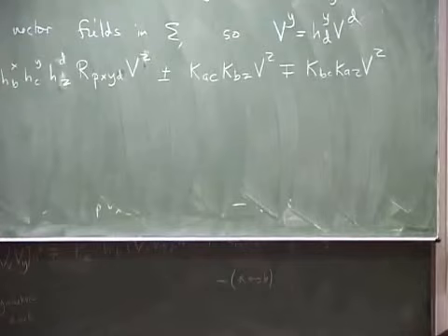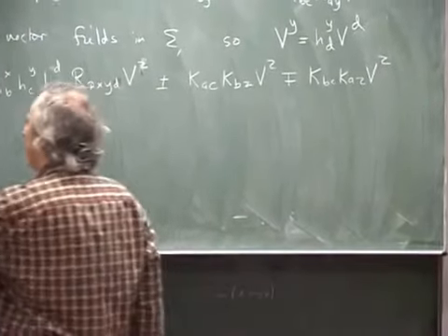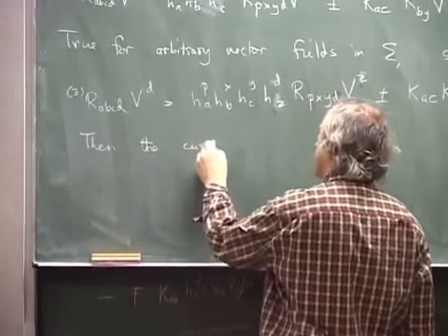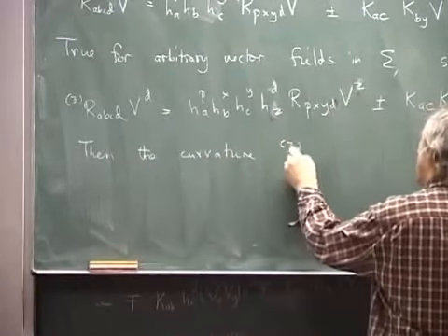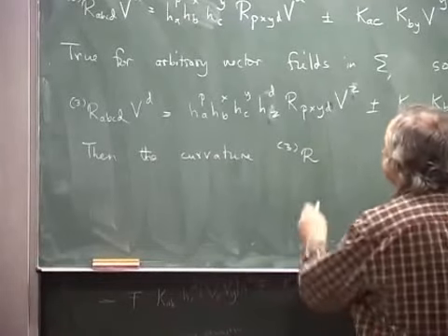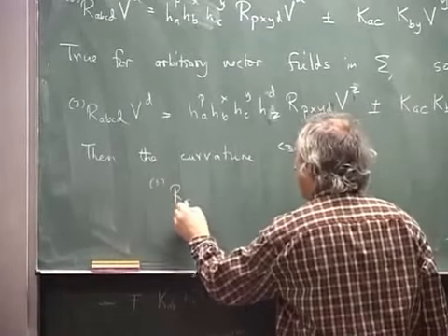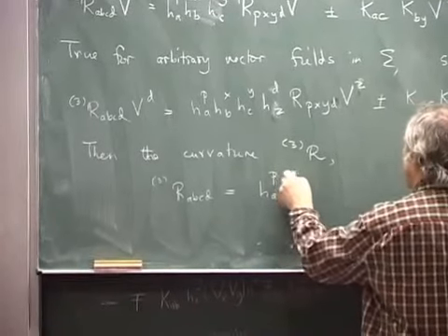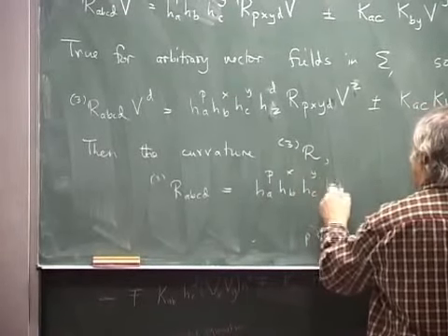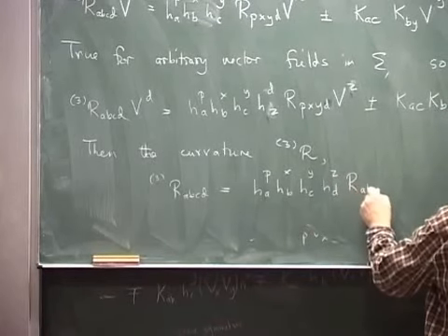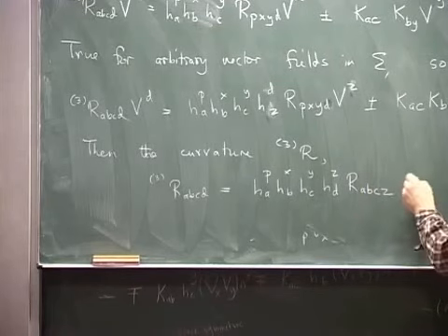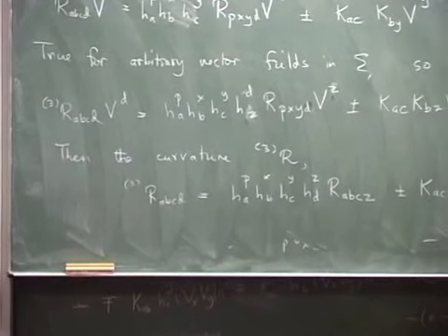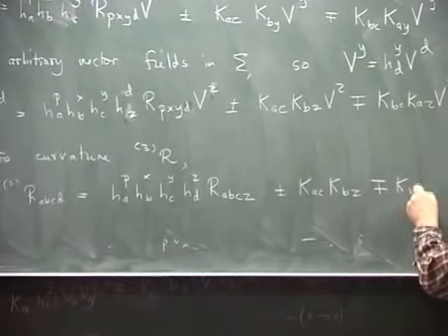Since that is true for all vector fields in V, the tensor 3R_abcd is equal to the projection of all of these things into the surface, plus or minus K_ac K_bd minus or plus K_bc K_ad.